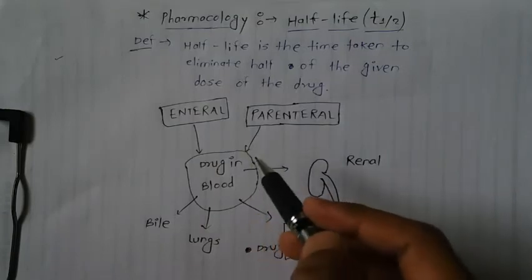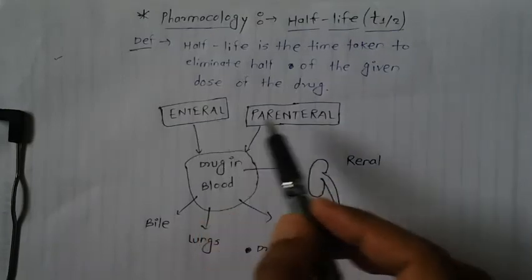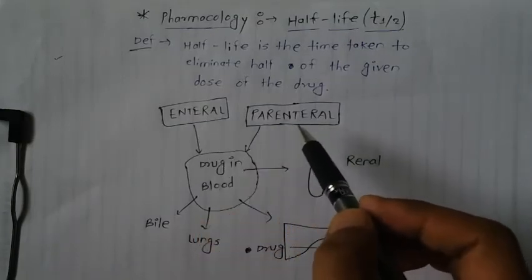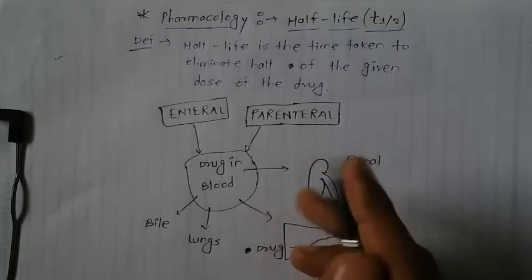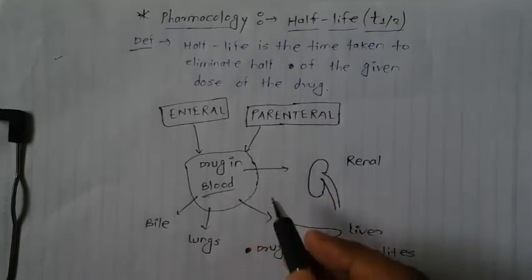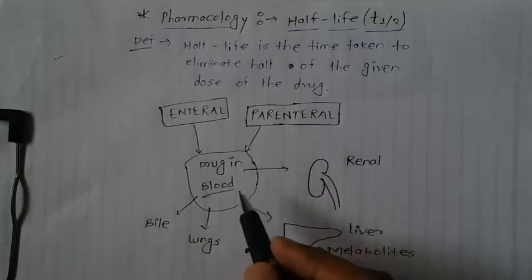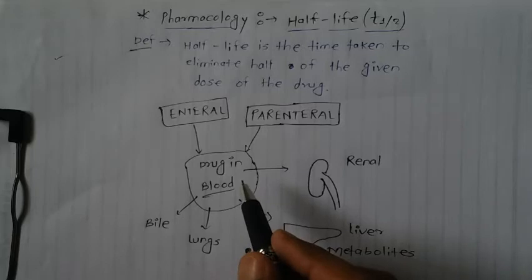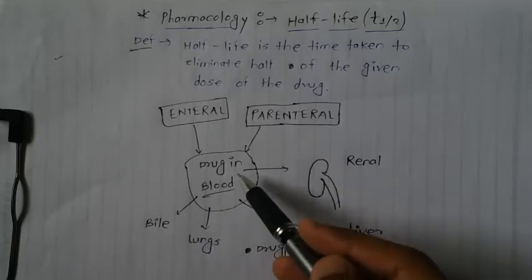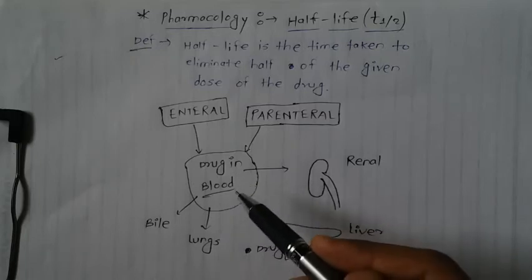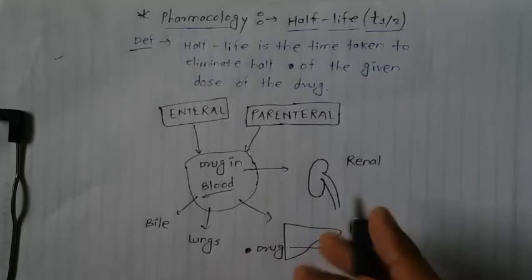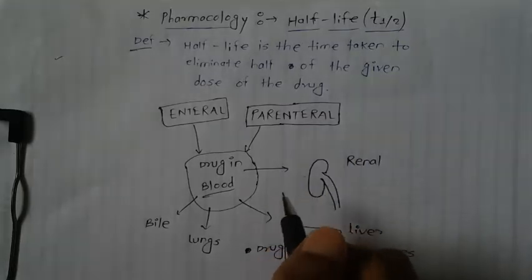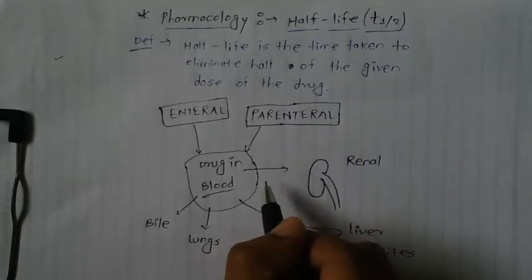That is, it is absorbed into the systemic circulation, that is blood. Then it is rapidly distributed throughout the body and also reaches its target site and shows its intended pharmacological action. Then it starts eliminating from the body.